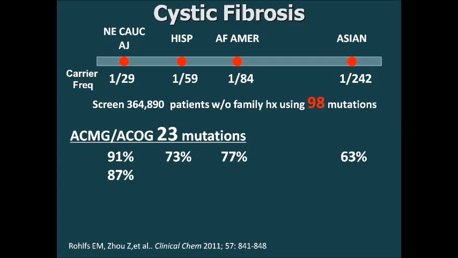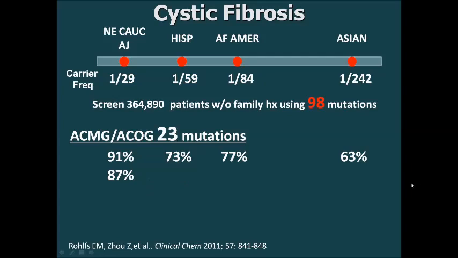If we apply only the 23 mutations to those 360,000 patients, you can see what the detection rates are, shown here for several different ethnic groups across the top right of this slide. This shows you the historic carrier frequency. This shows you how these 23 mutations led to detection for these racial ethnic groups.